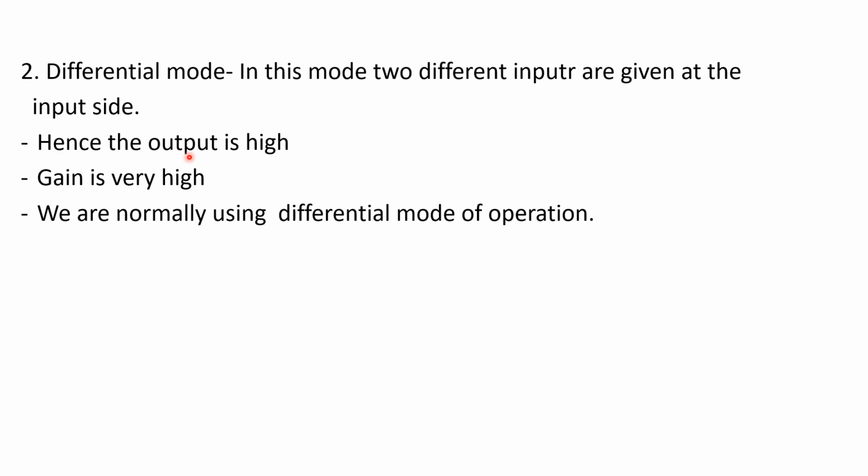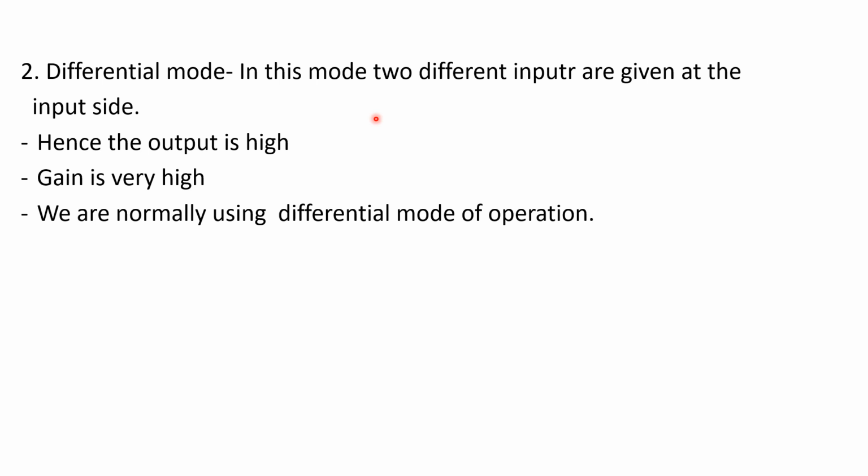So what will be the output? The difference of the inputs. That means 5 minus 3, that is 2, will be the output voltage in its amplified form. So its output will be very high, which means its gain is also very high.